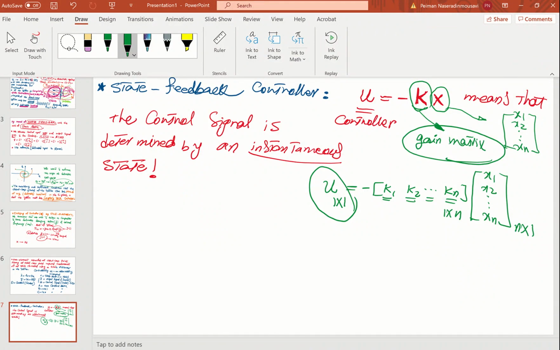This is the whole history of this course. Now we're going to expand this and make it optimized by the LQR controller, one by one. So the name of this controller is a state feedback controller. K is the state feedback gain matrix, a 1 by n matrix.